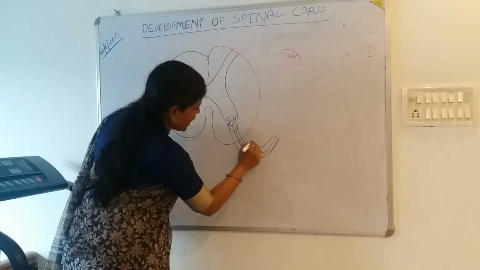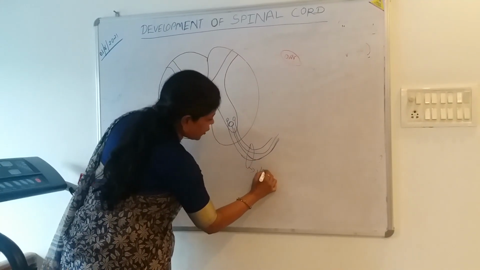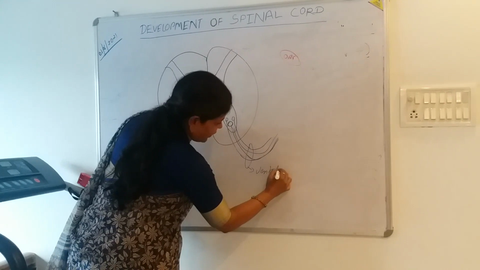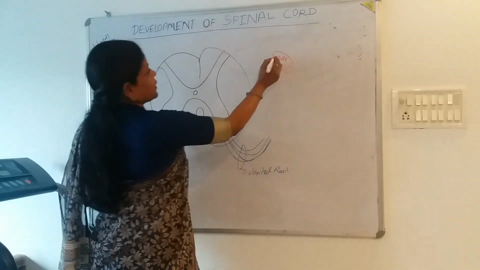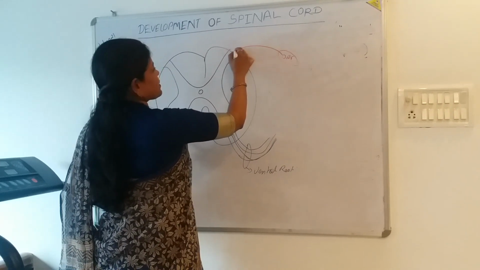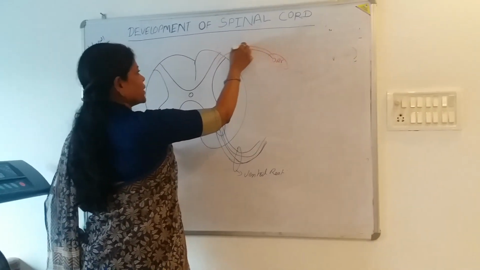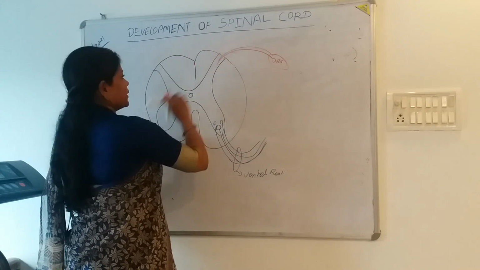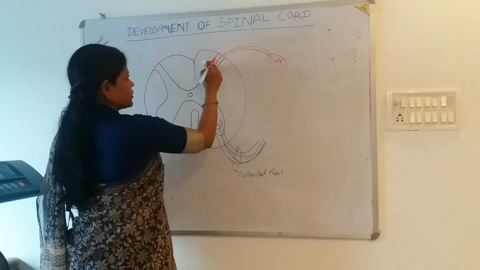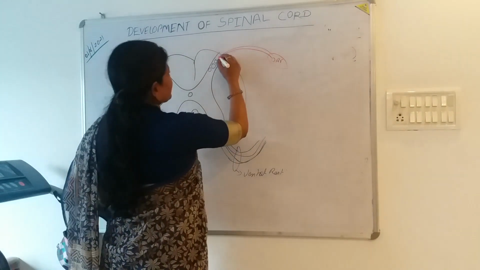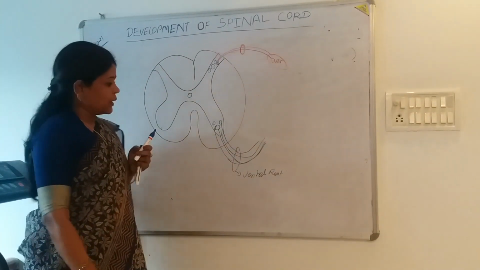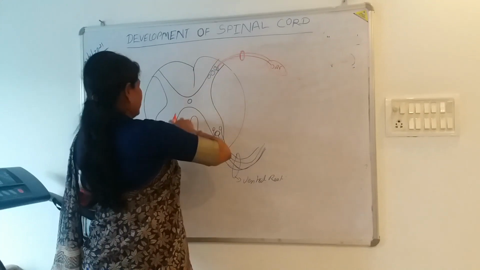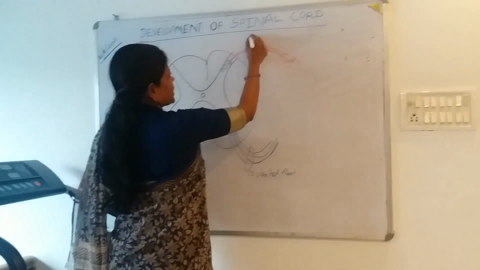They unite and form the ventral root. What is it known as? This is the ventral root. Then here, the central process which is coming towards the cord to relay in the sensory neurons. So, these bundles are called what? This will be known as the dorsal root.